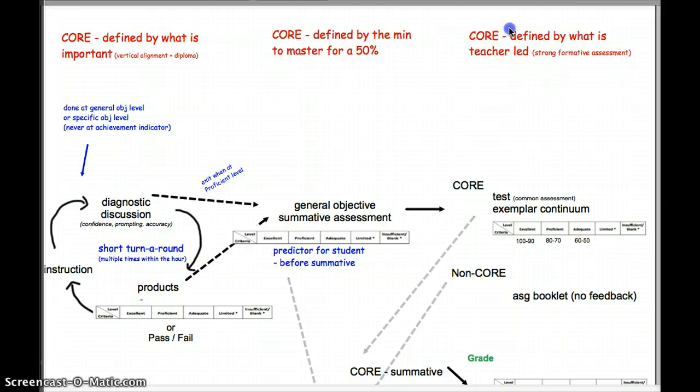Or is the core content, using the short cycle formative assessment, defined by what teachers are really leading, where we're developing our formative assessment? This question comes up because maybe there is a great question in the Alberta Distance Learning module assignment booklets.